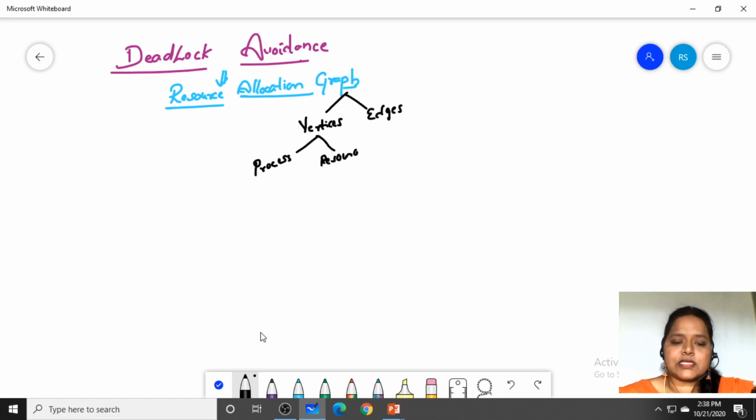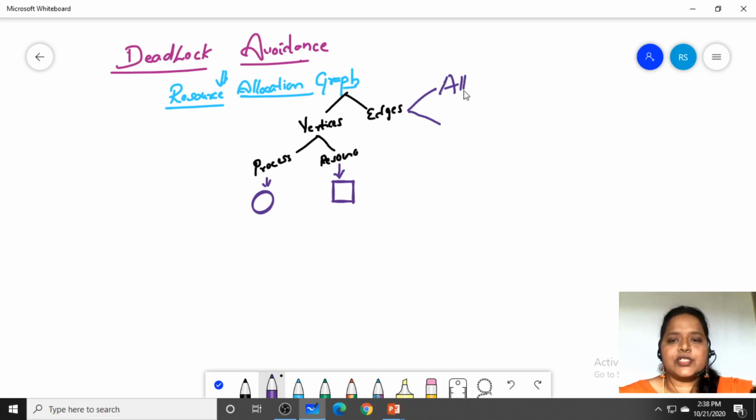The process is represented with a circle, and the resource is represented with a square. And the edges are also of two types: the allocation edge and the requesting edge.